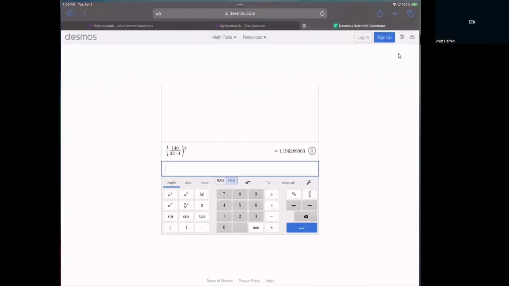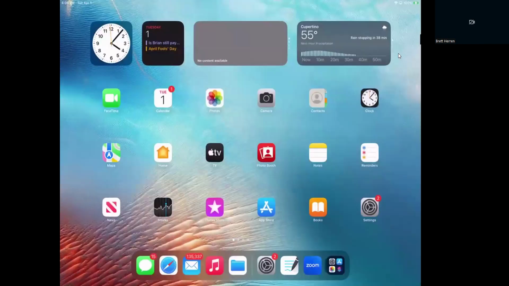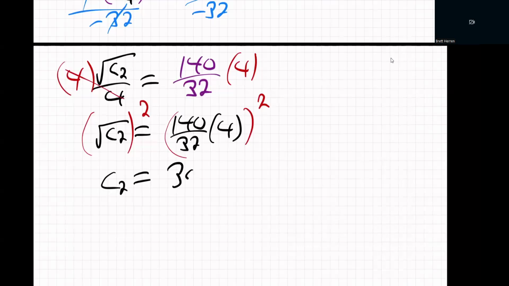Aha. Okay, I'm getting it wrong there. So, times 4. There we go: 306.25. That's better. So now we've got the C2.